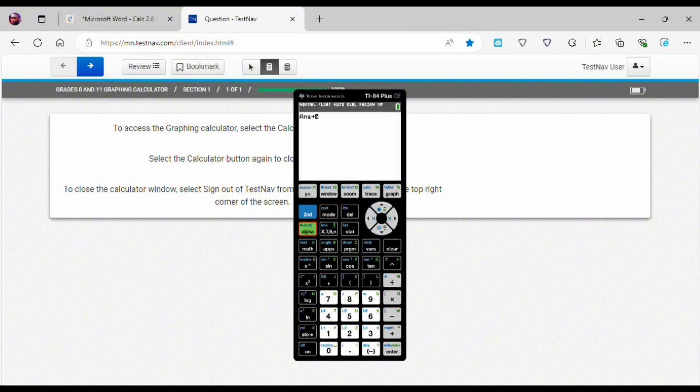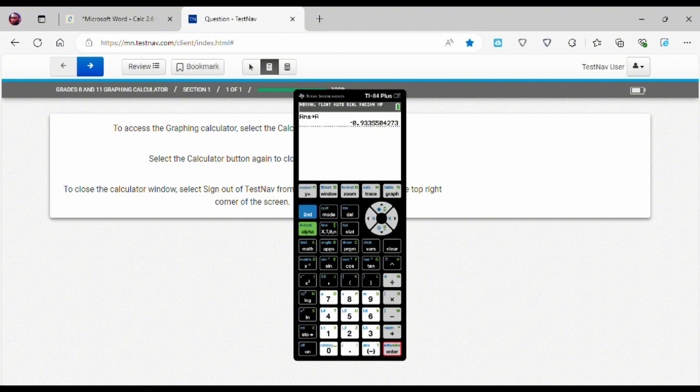Store this. How do you store? Second button from the bottom, the STO and the arrow. Alpha. And you can choose any variable, but I'm going to choose A. And then enter. So now alpha A is stored as negative 0.93355, etc.